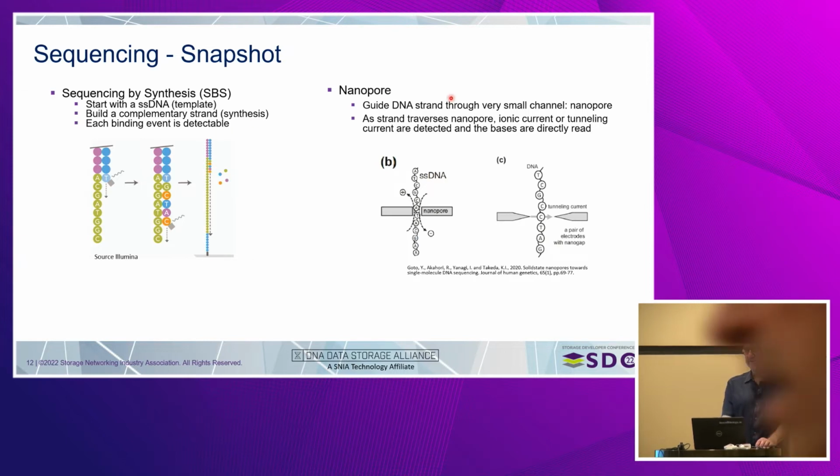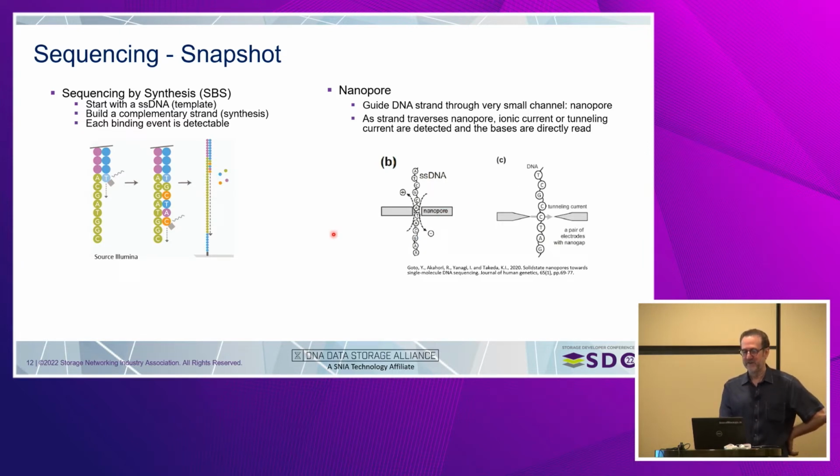Nanopore is the other technique that's really getting a lot of attention and investment, and that's where we guide a DNA strand through a very small channel. It can be a natural biological channel, or it can be a semiconductor, a synthetic one. And as the DNA molecule transits through the pore, it creates ionic current discrepancies or tunneling current, and so these events can be detected, and the bases are directly read.